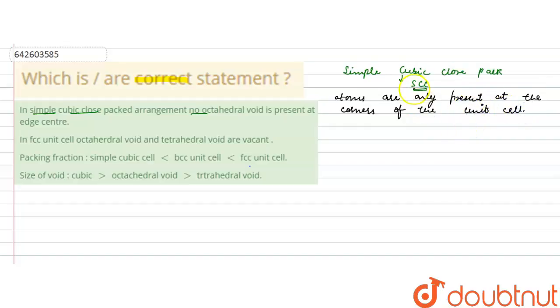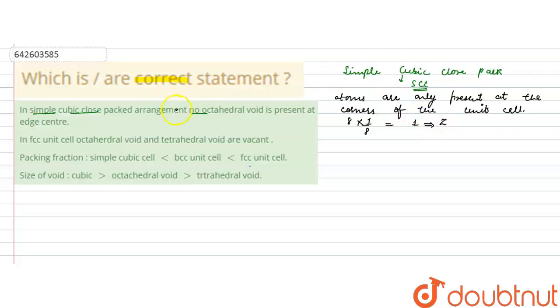So when the atoms are only present at the corners of the unit cell, one corner atom contributes 1/8 to one unit cell, and 8 corner atoms are present, so that will give 1. It means the number of effective atoms per unit cell in simple cubic close pack arrangement is 1.